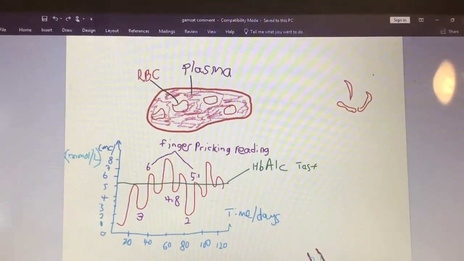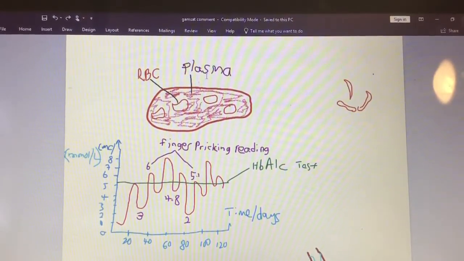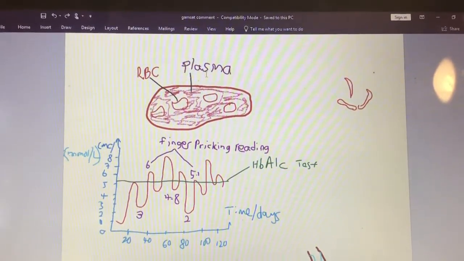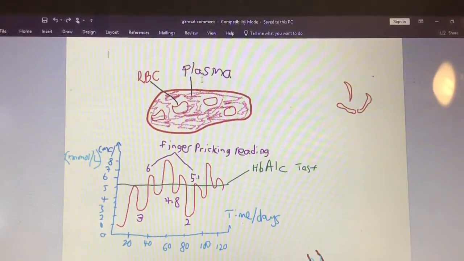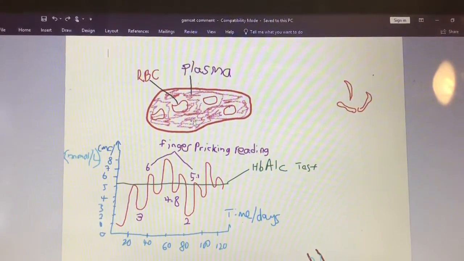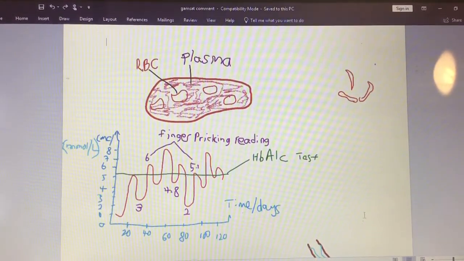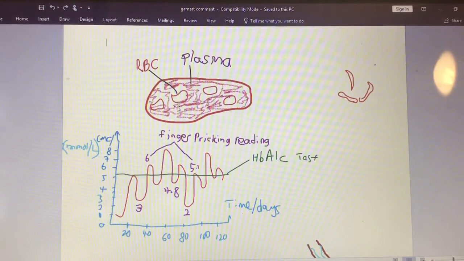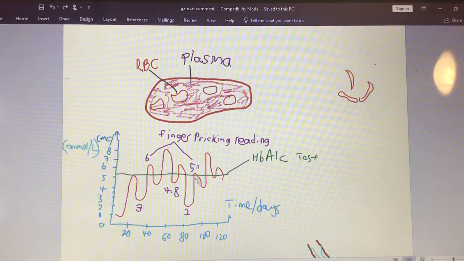So this plasma reading is just exactly the current reading. That's what you get on the day that you prick the finger for the test. It doesn't take into consideration the average, but however, the red blood cell, and that's the HbA1C test, takes the whole average.